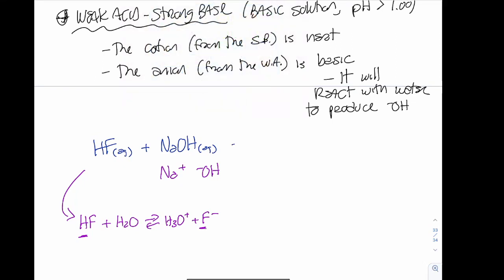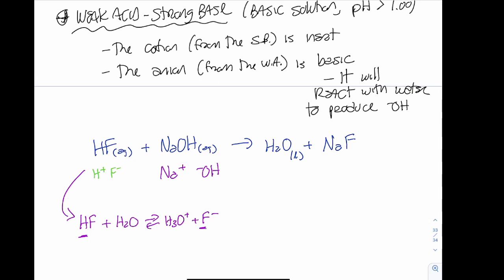I am going to produce water. We can think of the proton from my acid going to the hydroxide to produce water. And then my salt in this case is going to be the sodium ion from my base combining with the fluoride ion from my acid. If it helps to write the equation, by all means separate these.